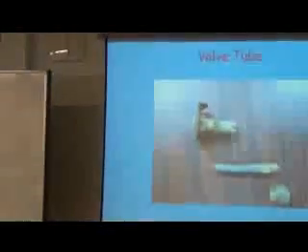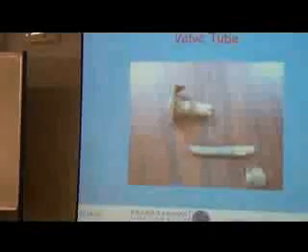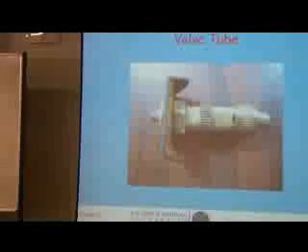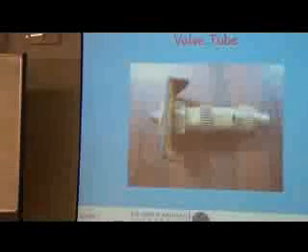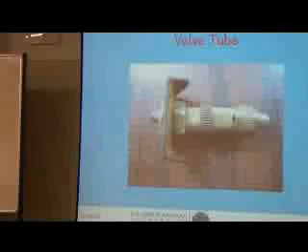Now we will go back and see what are the other things. The whole thing is a metallic arrangement. A part of this needs to be part of the flexible rubber tube that I have. This valve must be part of a rubber tube. So this is the whole assembly.